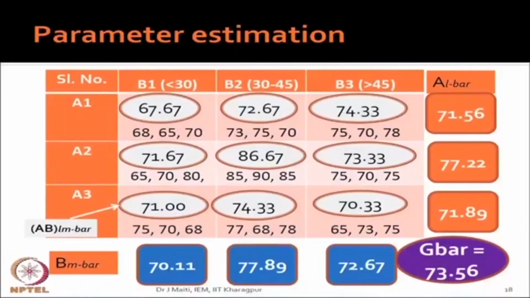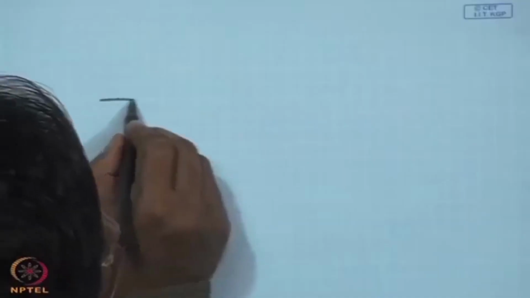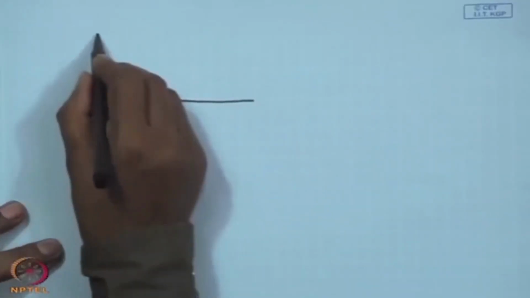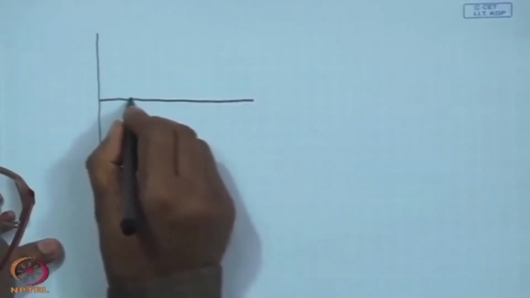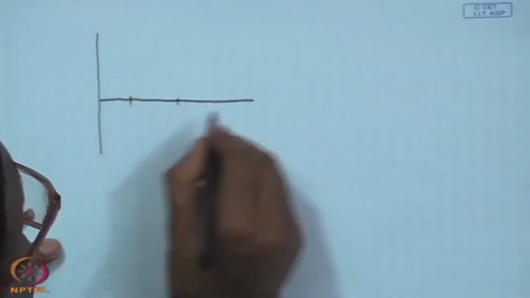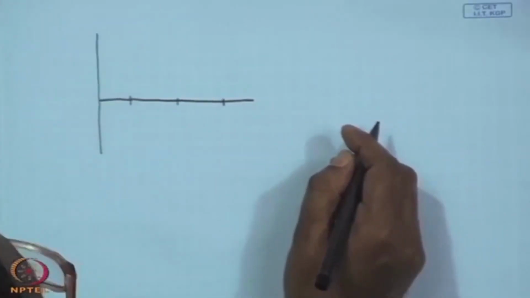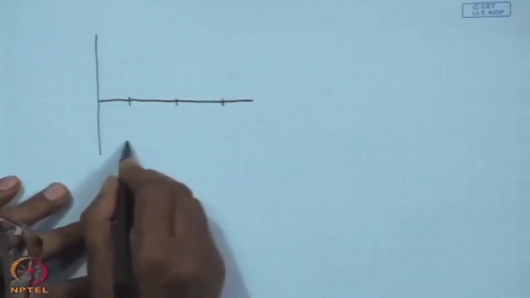So, if this is the case, then I think in one of the examples I showed you that suppose the age effect you want to plot, age effect this side, suppose this is for A1, this is A2 and A3, then what is your A1 value? A1 value is minus 2.